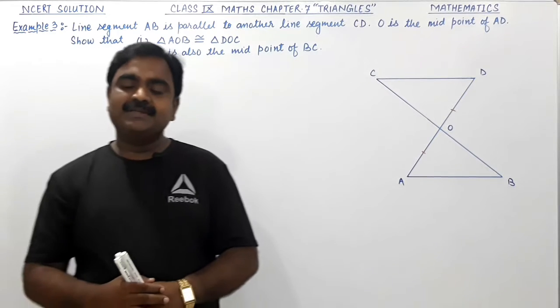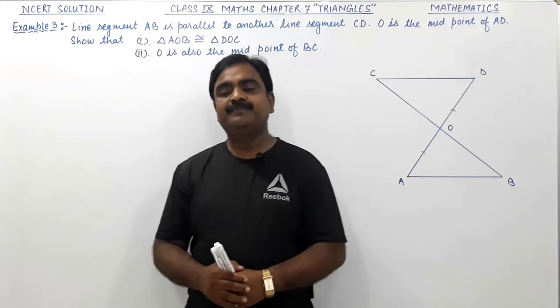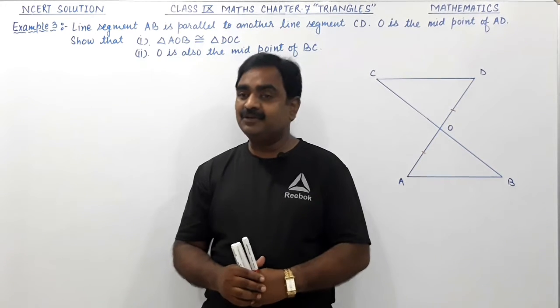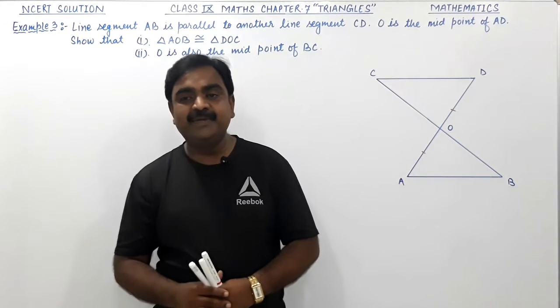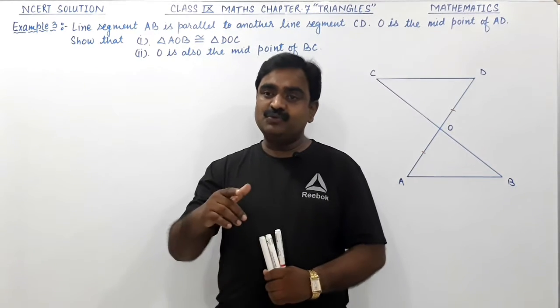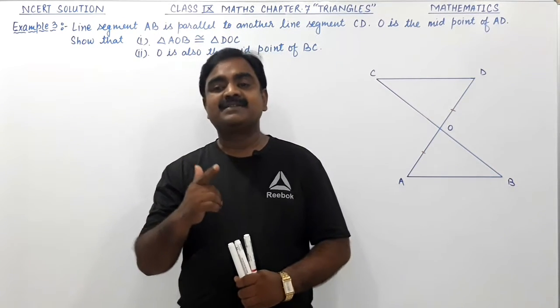So dear students, in these two congruence rules we have read that the side angle side congruence rule cannot be written as angle side side, and it also cannot be written as side side angle.